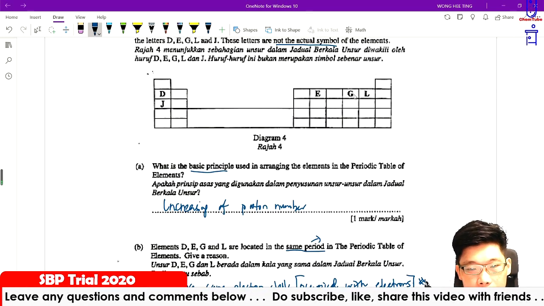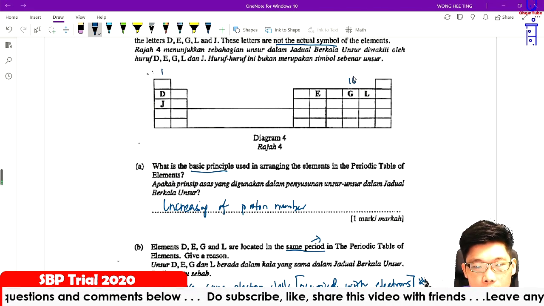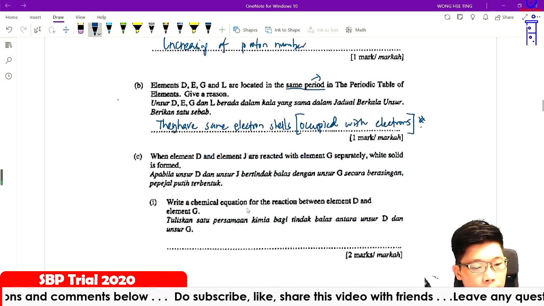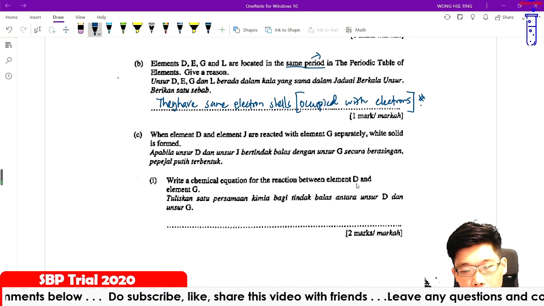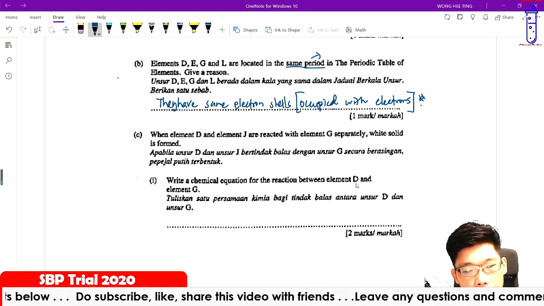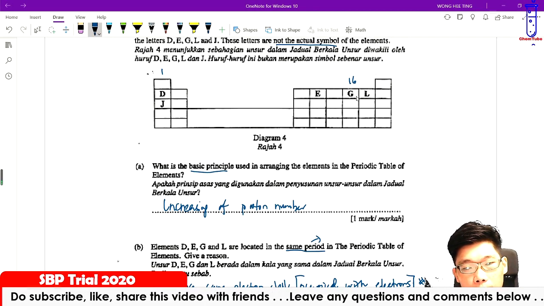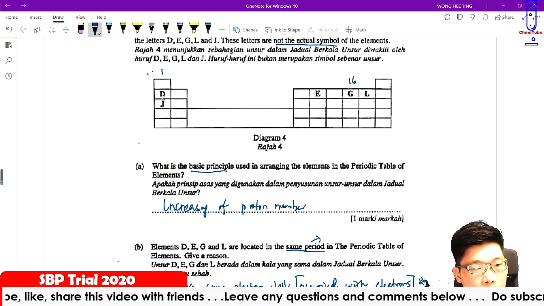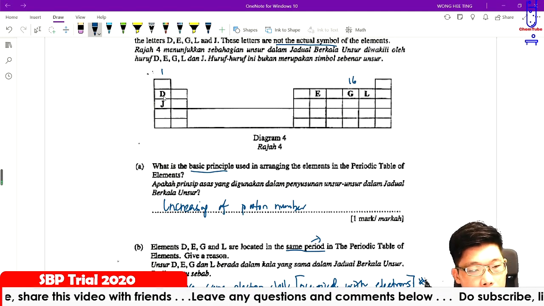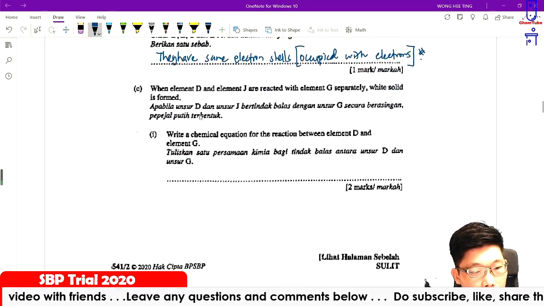Here, write the chemical equation for the reaction between D and G. So normally, let's say we use D, D is lithium, or J is sodium. You can choose any one of them.